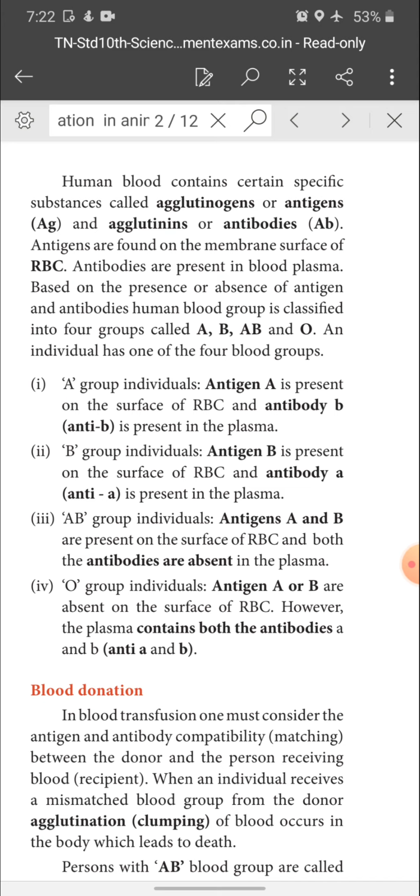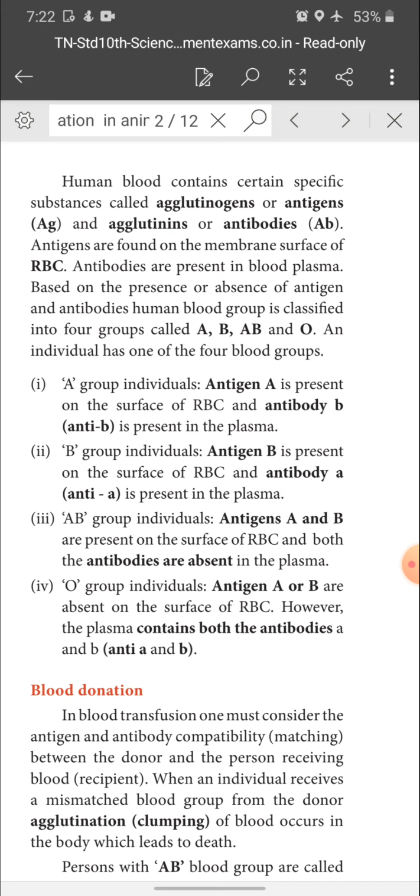Once again we recall this, children. A group individuals have antigen A on the surface of RBCs and antibody B in the plasma. B blood group individuals have B antigen on the surface and A antibodies in the plasma.